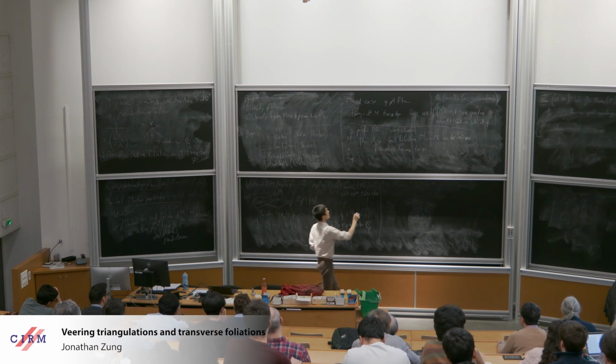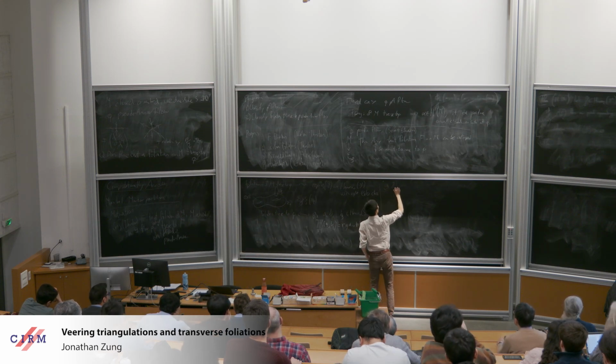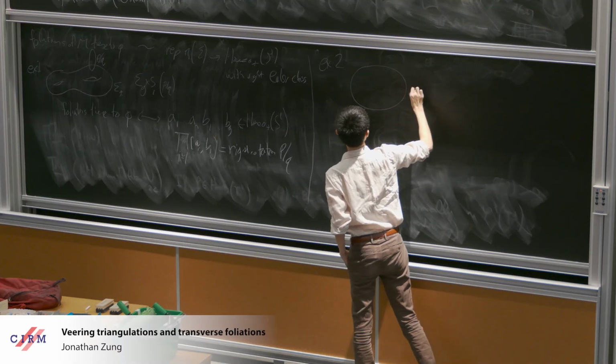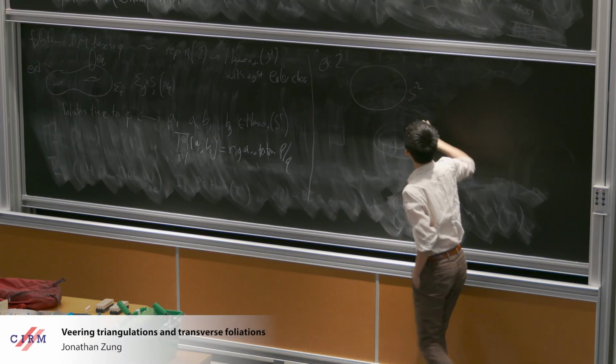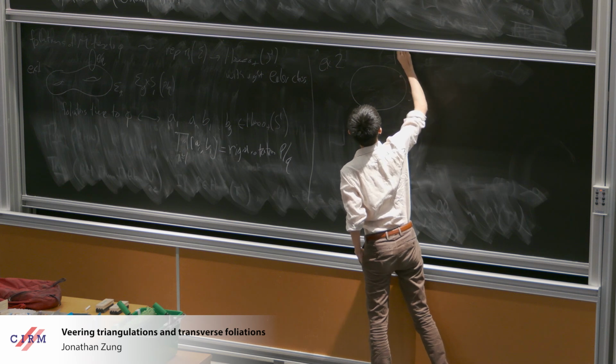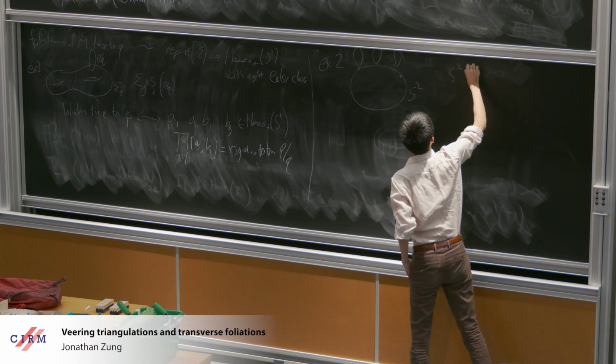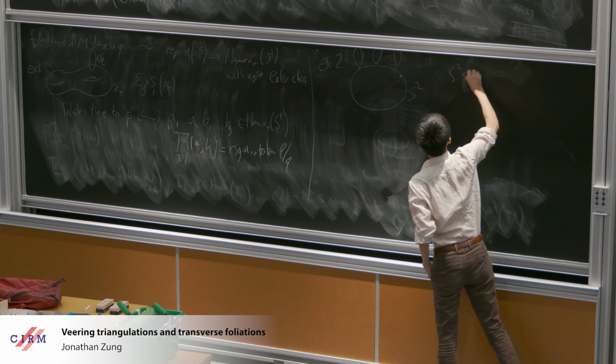Example 2 that you should think about. This is the case of a small Seifert fiber space where your base is S2. And you have 3 singular fibers. And so we're looking at S2 cross S1.